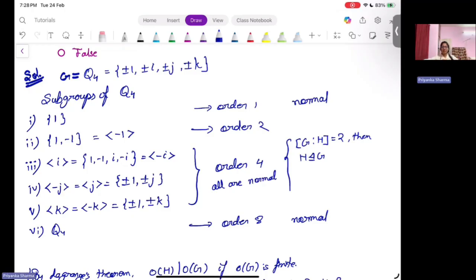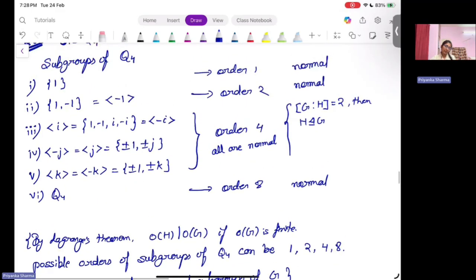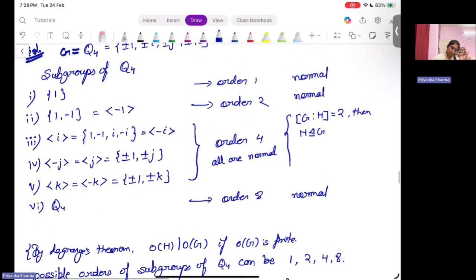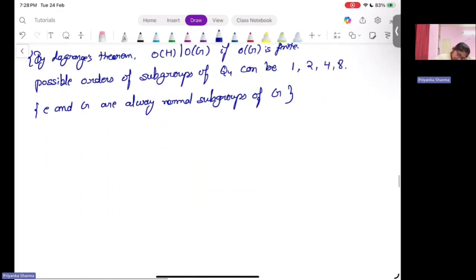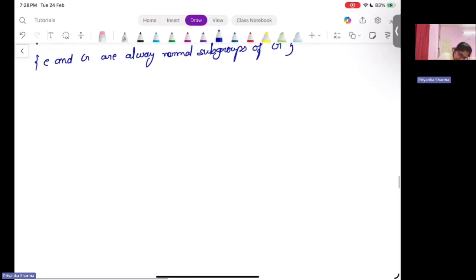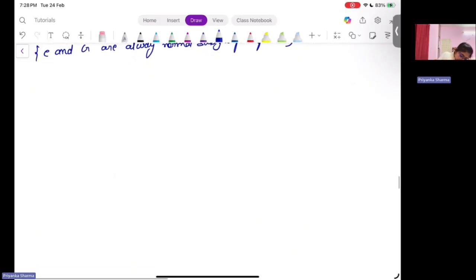Now, what about the subgroup generated by minus 1? It is the unique subgroup of order 2, so this will be normal. But again, if we want to verify this, we can give an explanation.